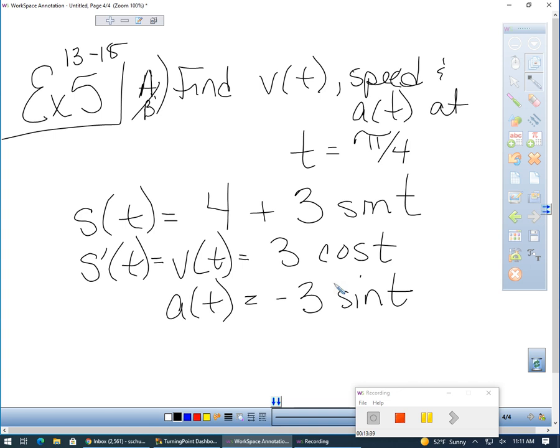Part B, we want to find the values at pi over 4. So we're going to plug pi over 4 into each one of them. First, v of t equals 3 cosine at pi over 4.